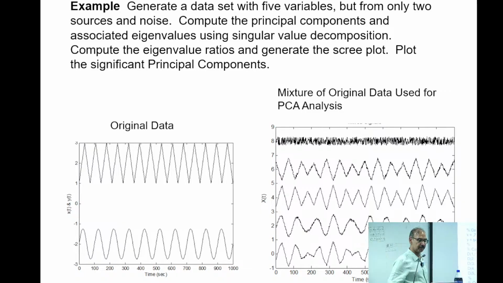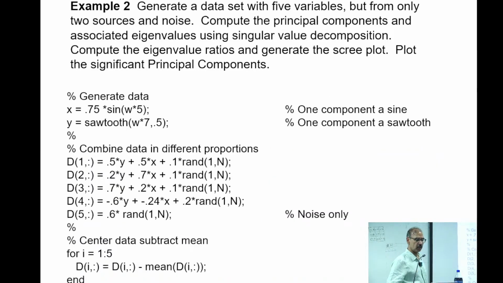So in MATLAB, the command to generate is called sawtooth. The first one is 0.5y plus 0.5x plus a little random noise, right? That's D1. D2 is 0.2y, which is sawtooth, plus 0.7 sinusoidal signal and a little bit of noise, right?